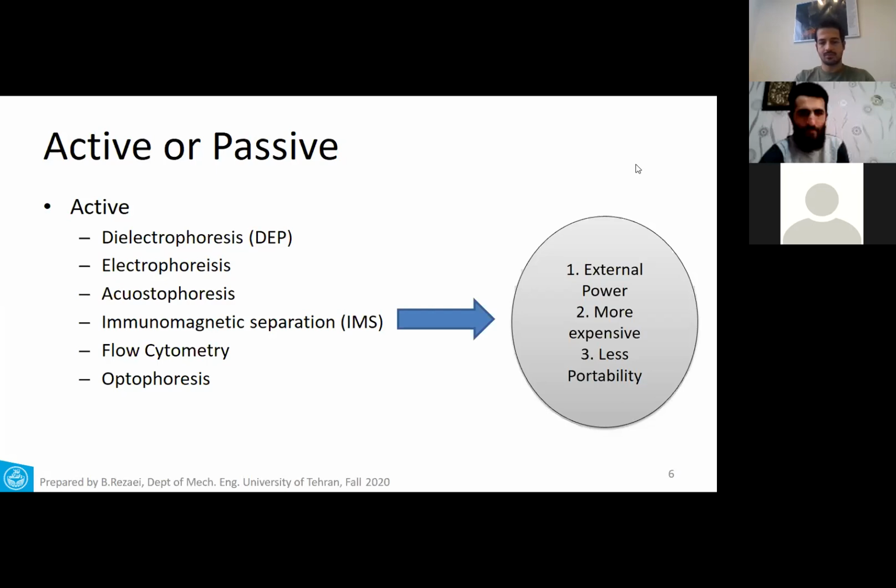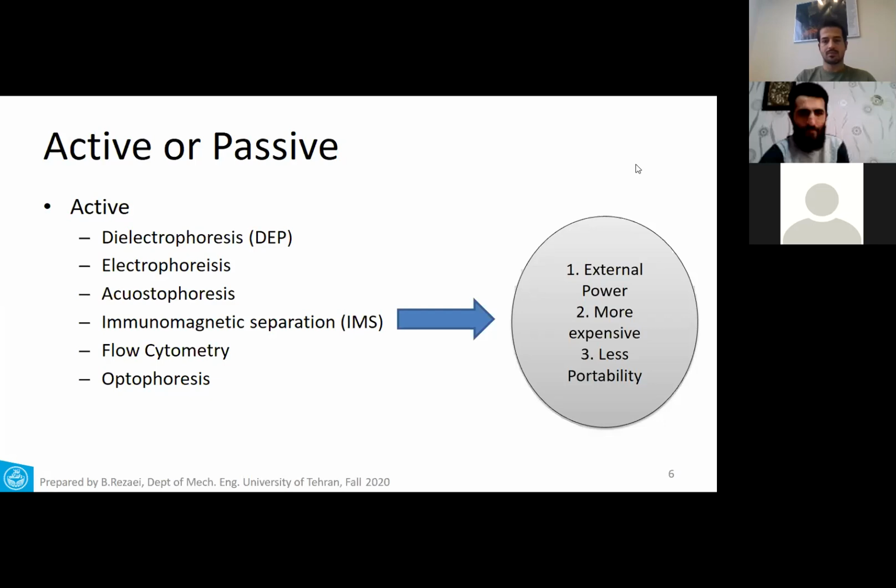The definition of active methods is that they need an external force for doing the manipulation and separating the cells, and this external power makes them bigger, more expensive, and less portable.